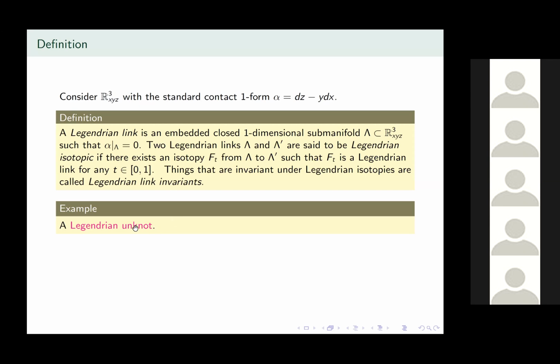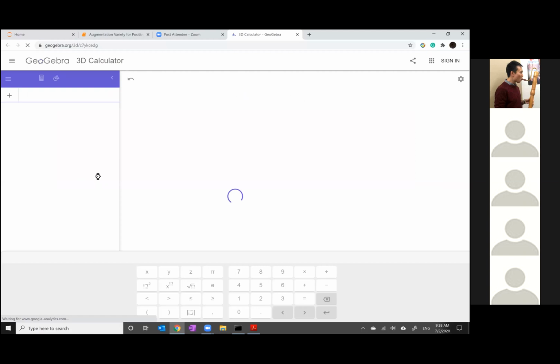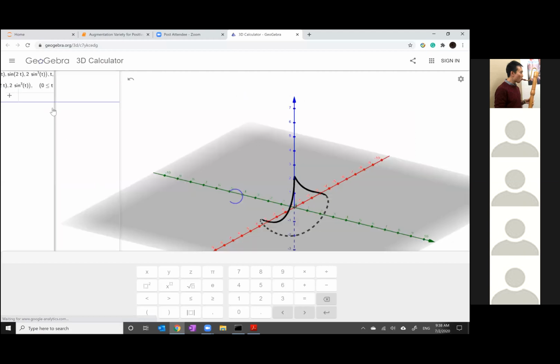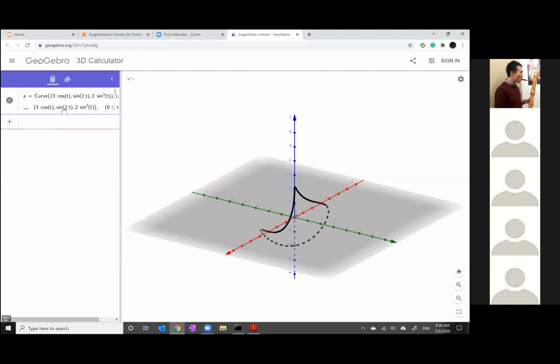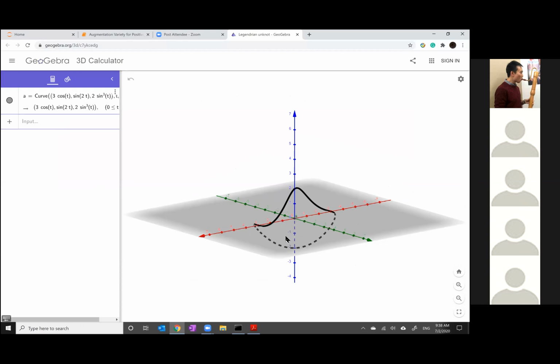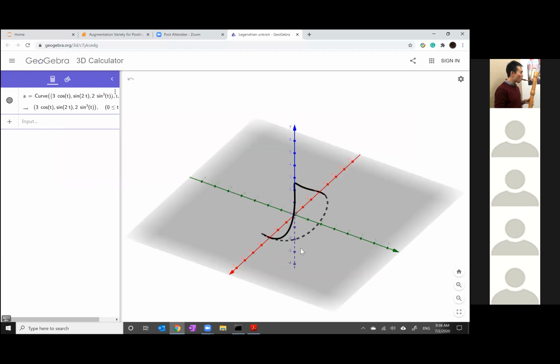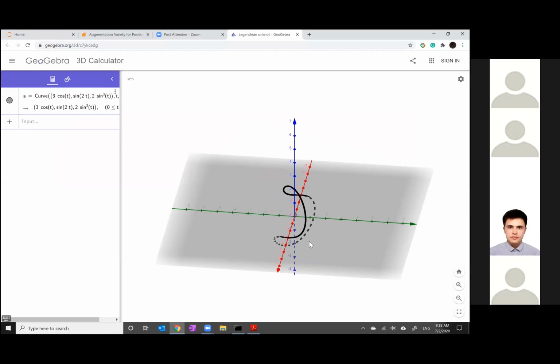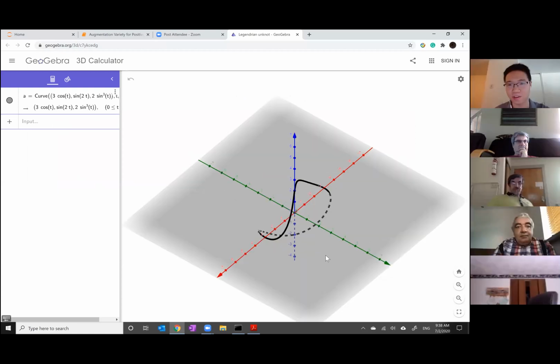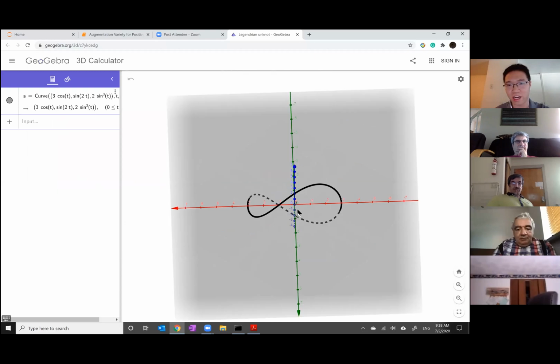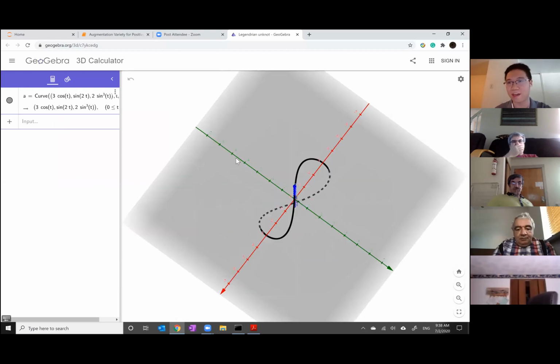So let's see an example. I actually prepared an example. I hope you can also see this screen. I have the formula here, and you can check that this satisfies the vanishing condition on the one form. It looks like this. It's a knot, and there are two particular angles I want you to look at. If you project it to the XY plane, it looks like a number 8.